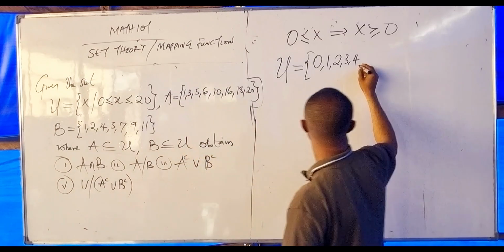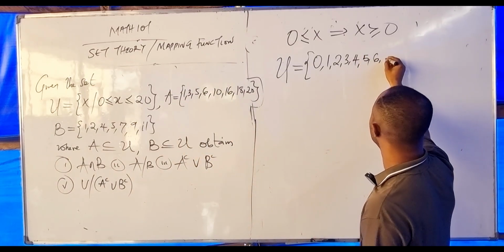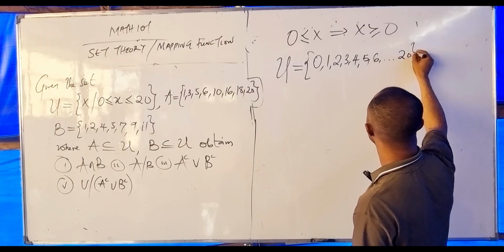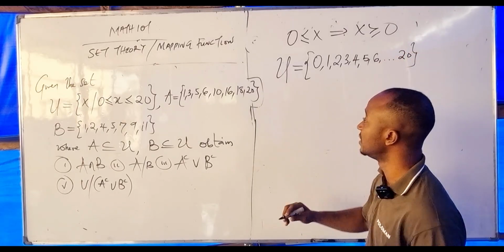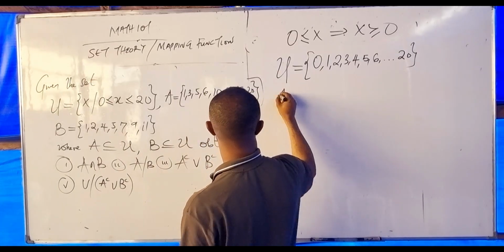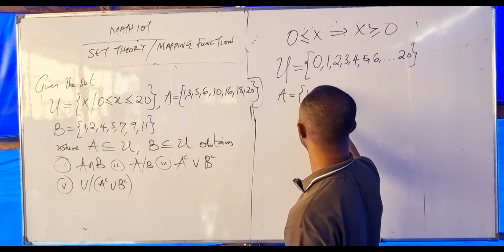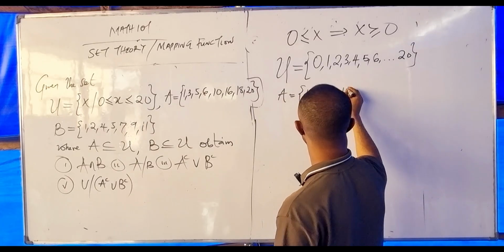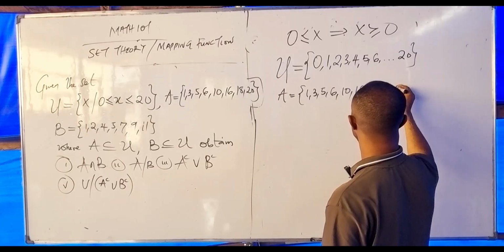So let's bring them out. We have 5, we have 6, dot, dot, dot, down to 20. Meaning we have other numbers. Already we are getting our A, no need of repeating A again. What is the value of A? Give me the value there. A is 1, 3, 5, 6, 10, 16, 18, and 20.